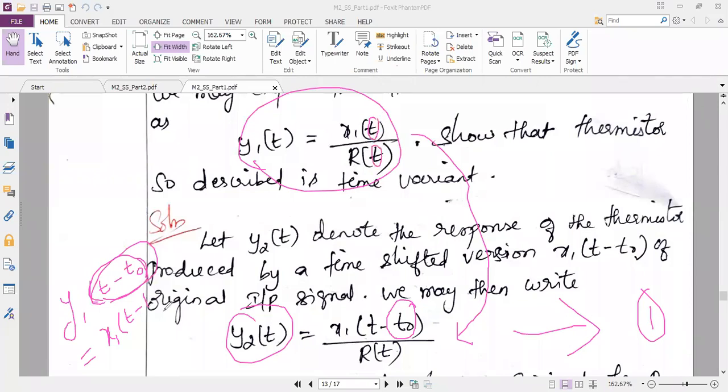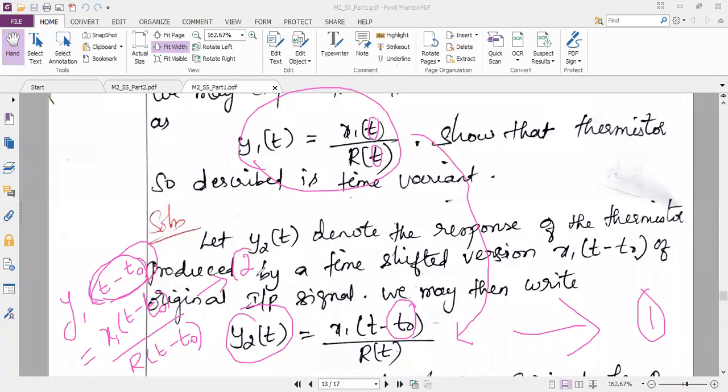So now can you tell me what is your y1 of t minus t naught, which is equal to x1 of t minus t naught divided by r of t minus t naught. I hope you are all following it. Okay, so this is my equation 2.